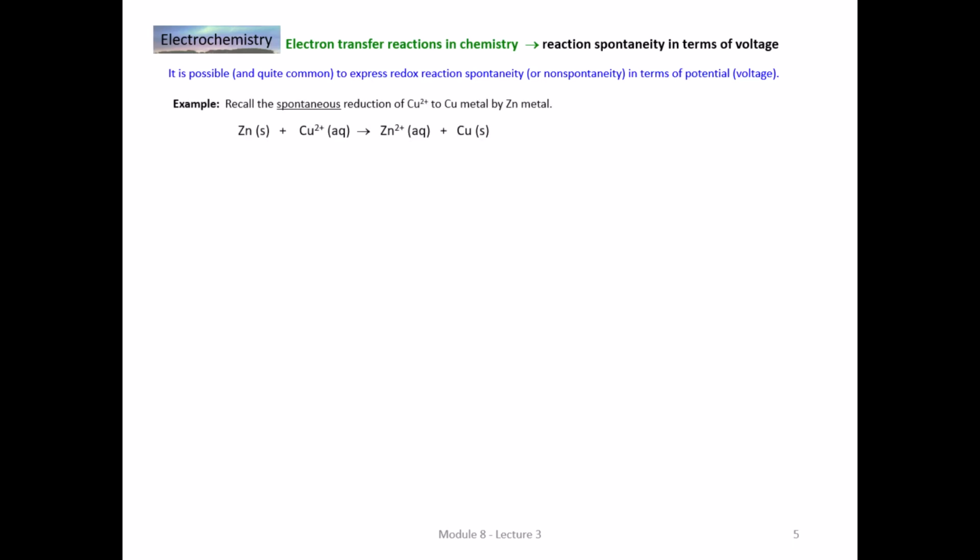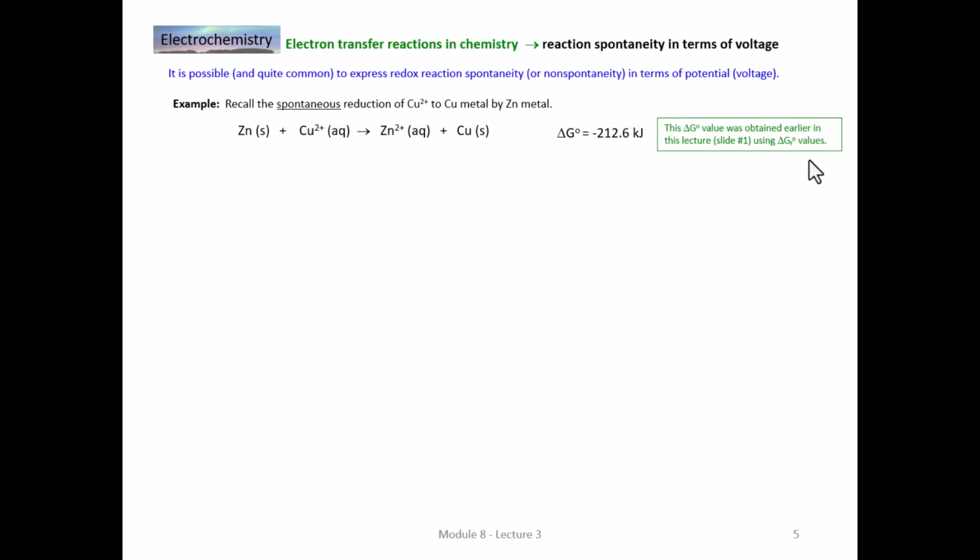Let's go back to our favorite spontaneous redox reaction, the reduction of copper 2 plus by zinc metal to form zinc 2 plus and copper metal. We calculated before using free energies of formation that the overall free energy change for this reaction was minus 212.6 kilojoules.